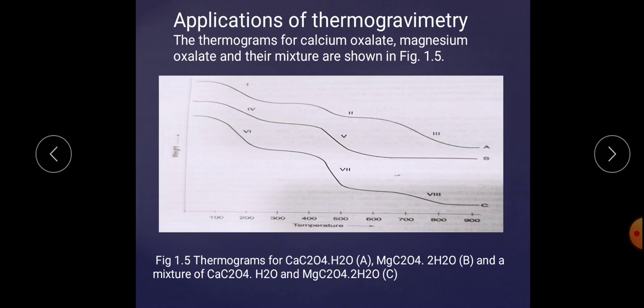So this is the overall scenario of the thermogram. The first, A, is a typical thermogram of your calcium oxalate, the second one is your magnesium oxalate dihydrate, and the third, C, is nothing but a mixture of both. So what are the chemical reactions? Let's check out.